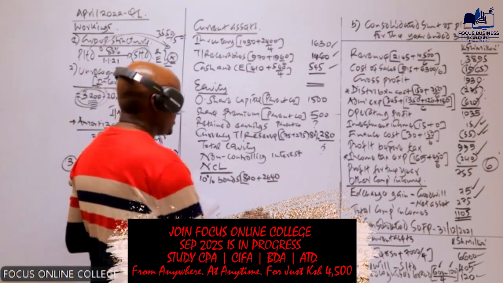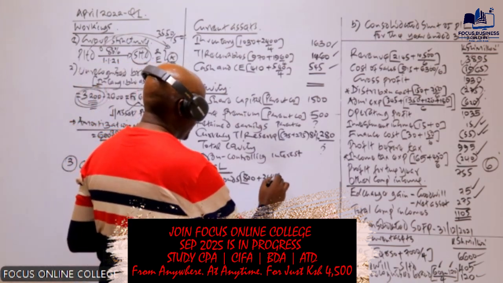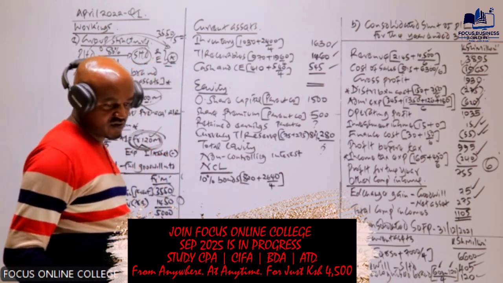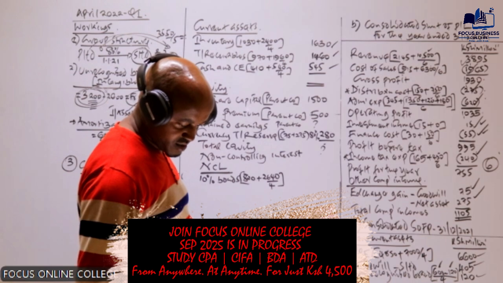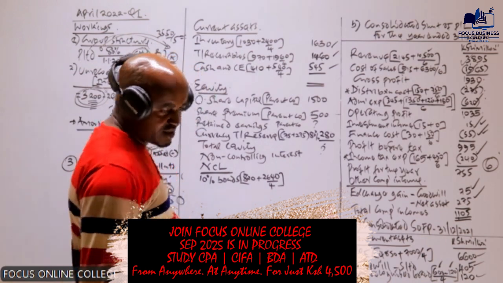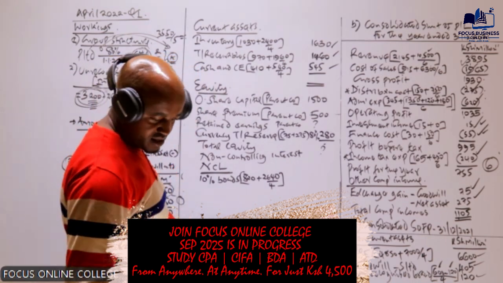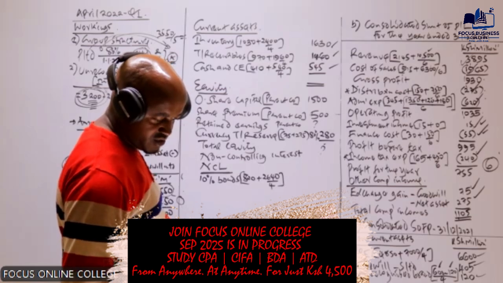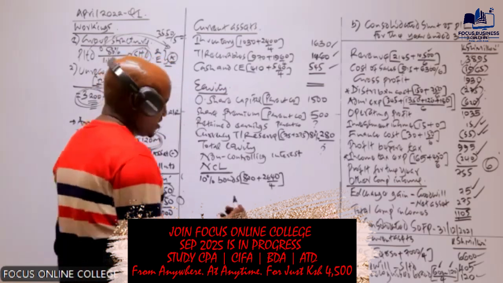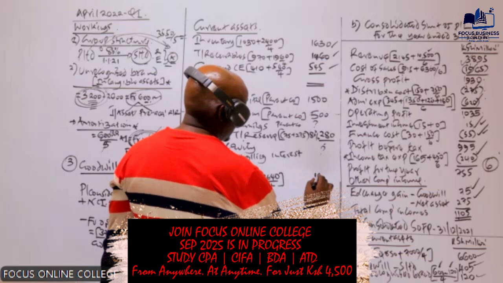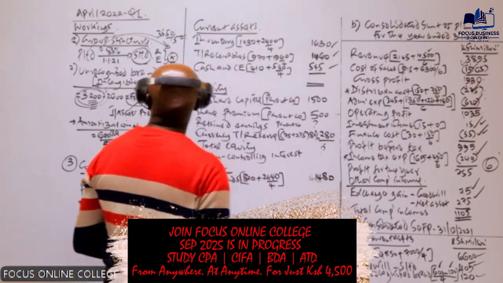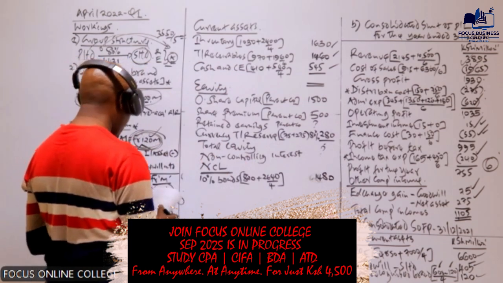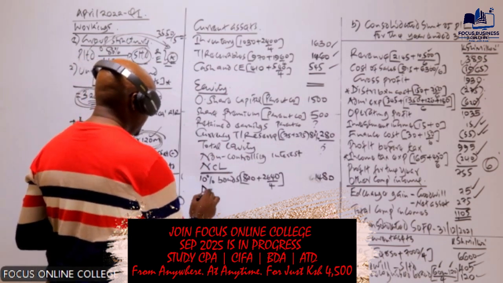Items of asset and liabilities. The closing rate is 4. That should give us what? 660 plus 820. Yes, that will give us 1480. So then from there we have the deferred tax.